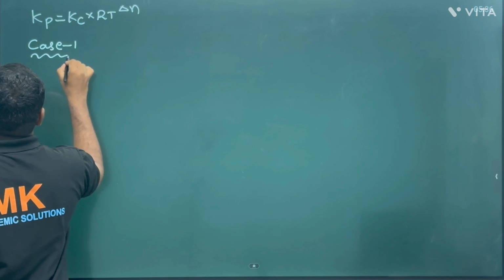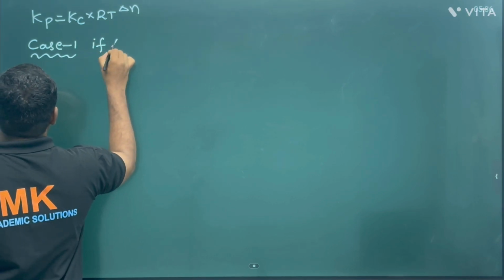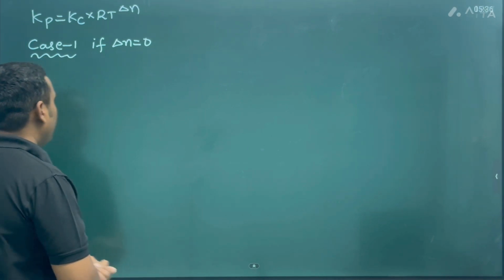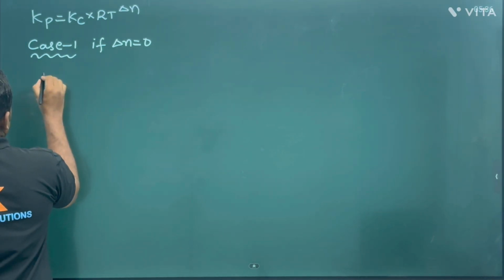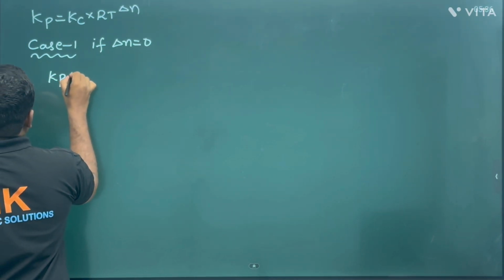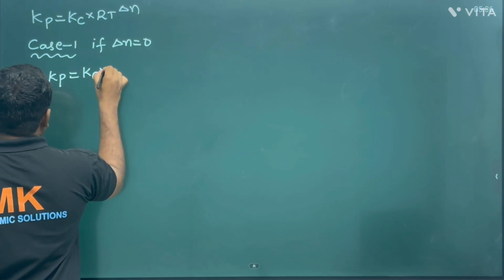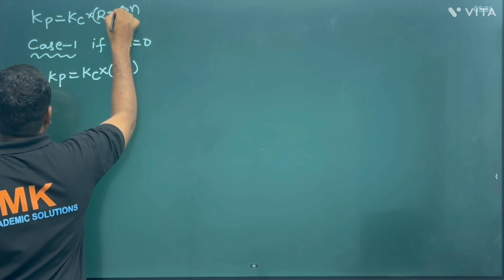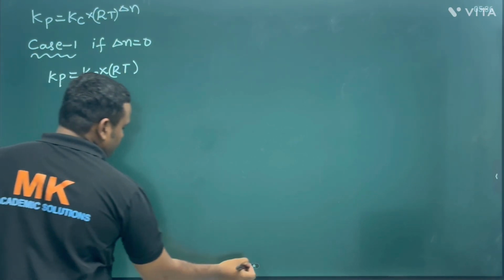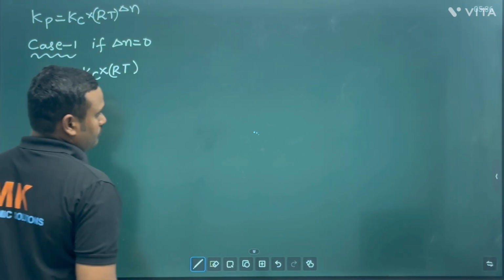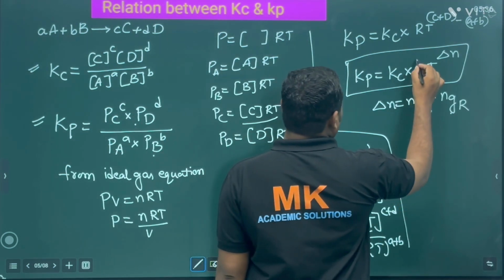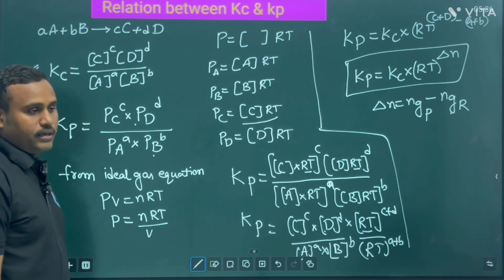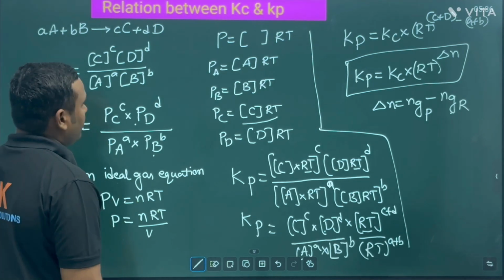Here you keep a bracket, because some people may think only T is to the power delta n.